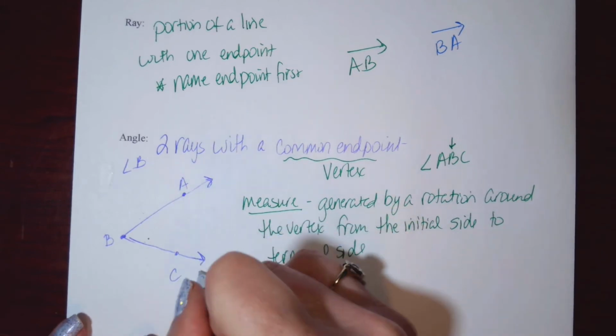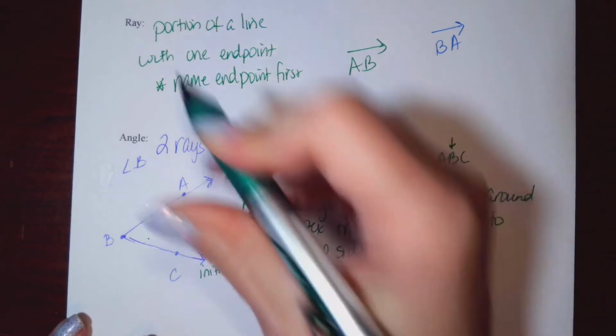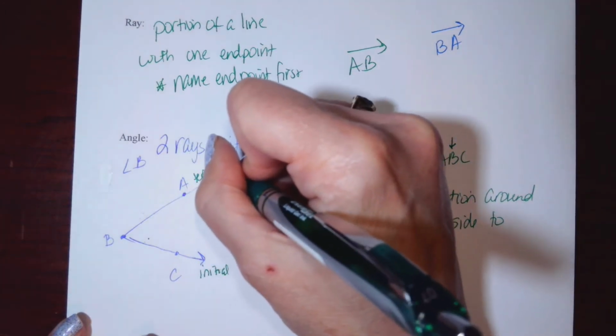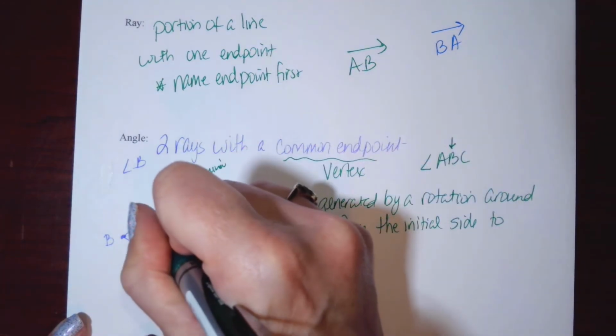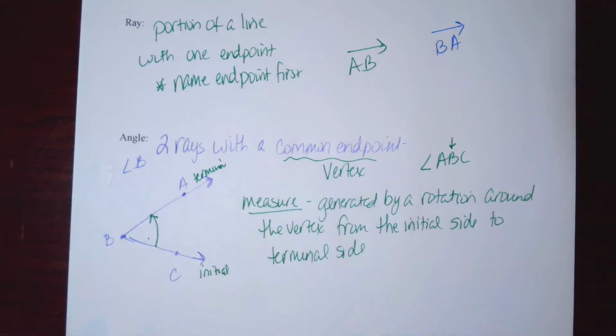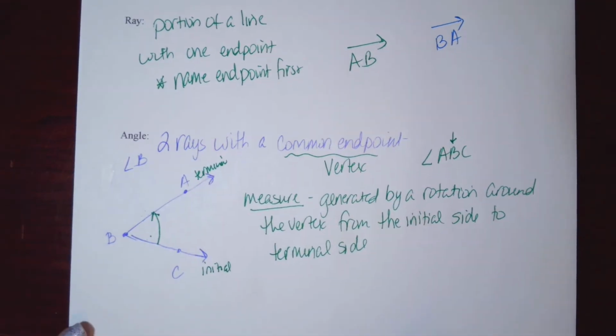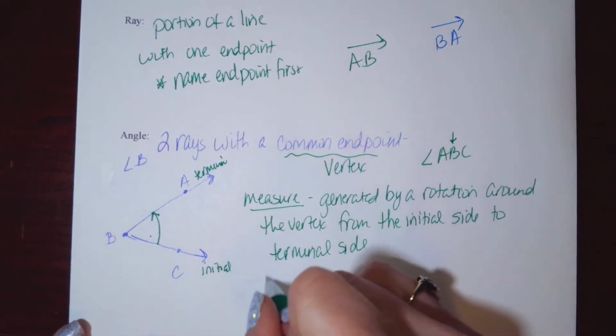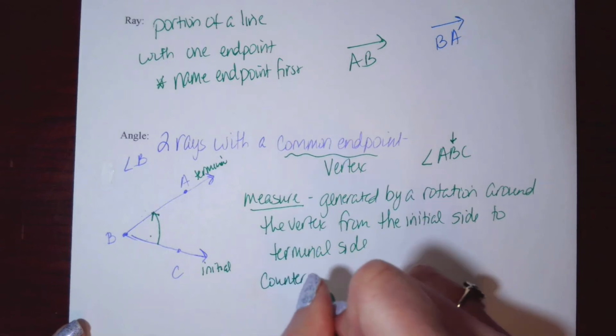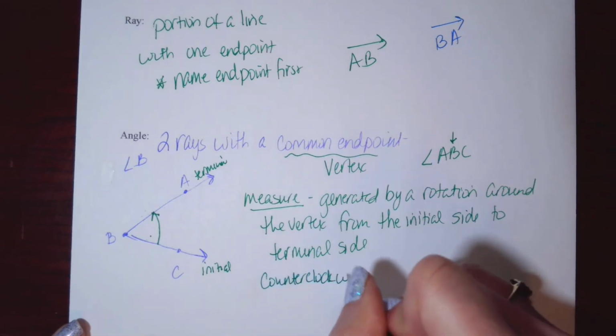So if this is my initial side, and this is my terminal side of my angle, my rotation here might be counterclockwise. If it's counterclockwise, I have positive angle measure.